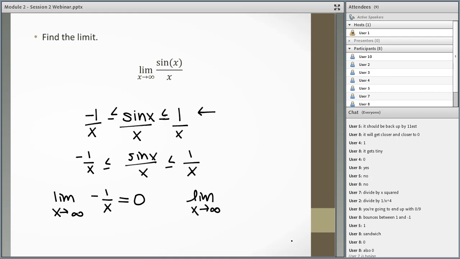What about the other side? Good, it will also be 0. So that means that I can conclude that the limit of sine x over x also goes to 0 as x approaches infinity.